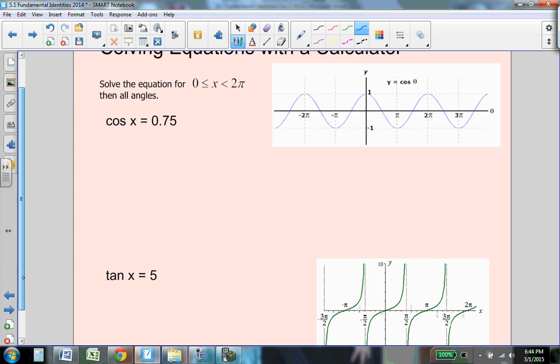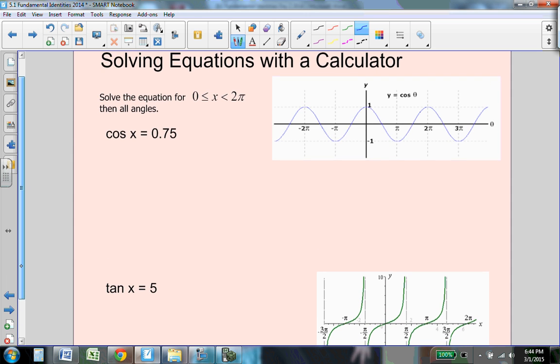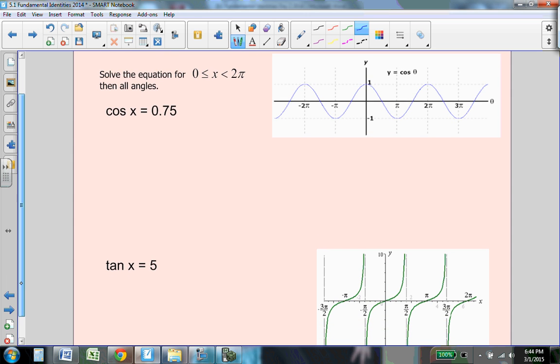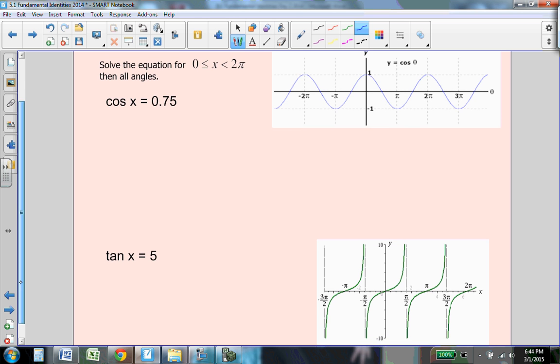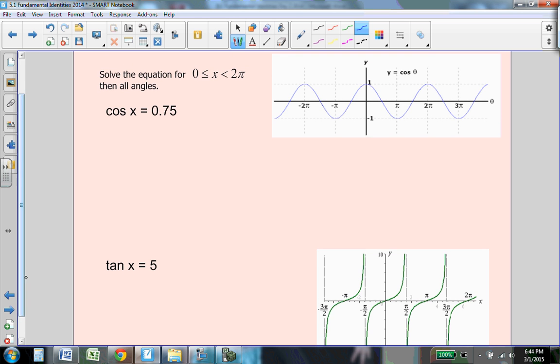Okay, now let's take a look at some of these using the calculator for sure. We'll look at it using the calculator and reasoning through, and then we'll compare it to the cosine graphs that we looked at in the last chapter. So I'm going to type in the inverse cosine of 0.75.